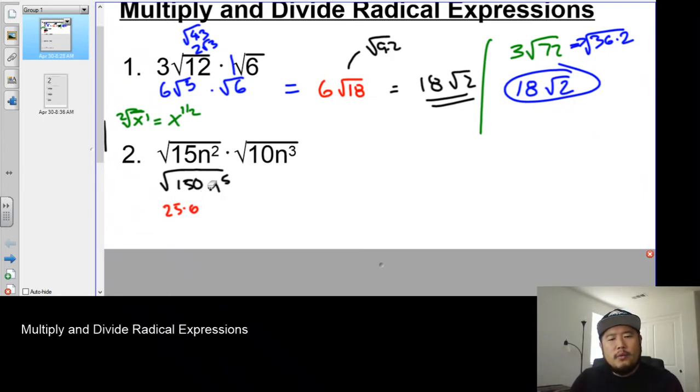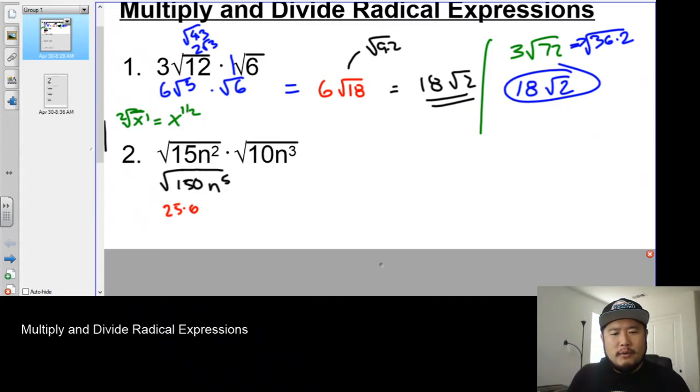And then we can't take the square root of odd exponents. That's something that you need to know. Once again, you can't take the square root of odd exponents. So what I have to do with this n is split it up, just like what we did with the 25 and 6. We found different factors.